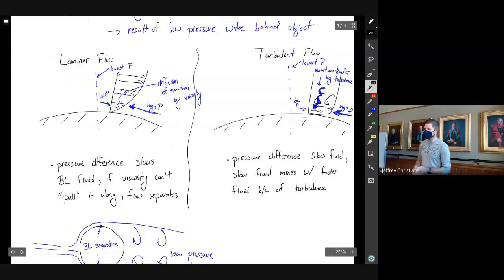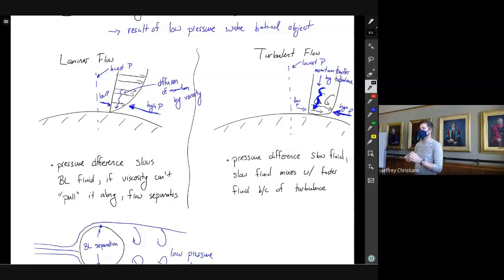So the net effect is that the fluid doesn't slow to a stop and turn around as easily. Because it's going to start slowing down, but then it's going to mix with something that's moving faster, and then that's going to slow down a little bit, but it constantly keeps mixing.